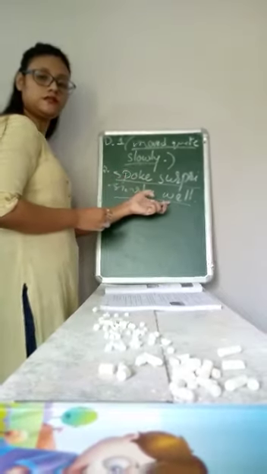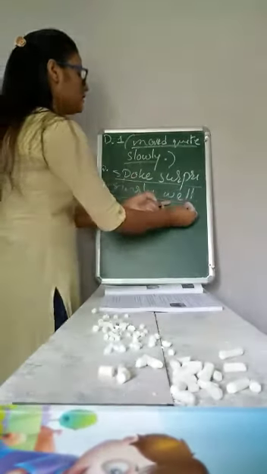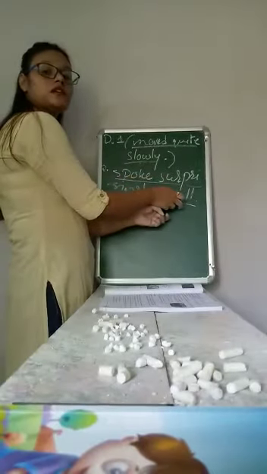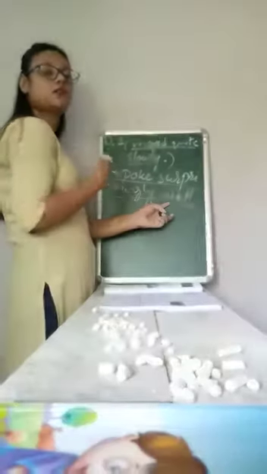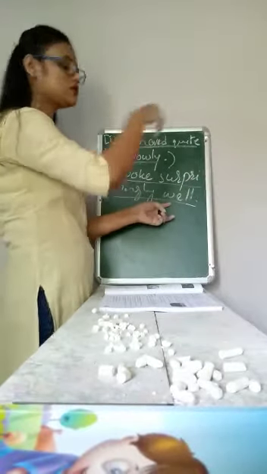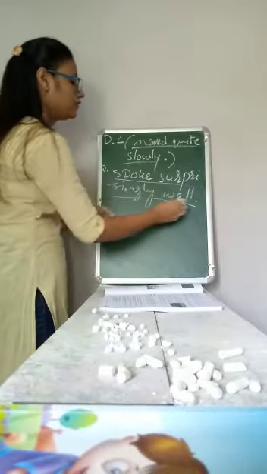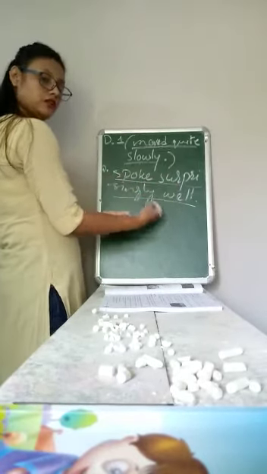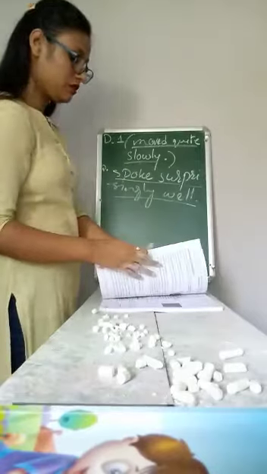Well, meaning in a good way. This is giving us information. We want to know how he spoke, and that information is given by the word well. Spoke surprisingly well.